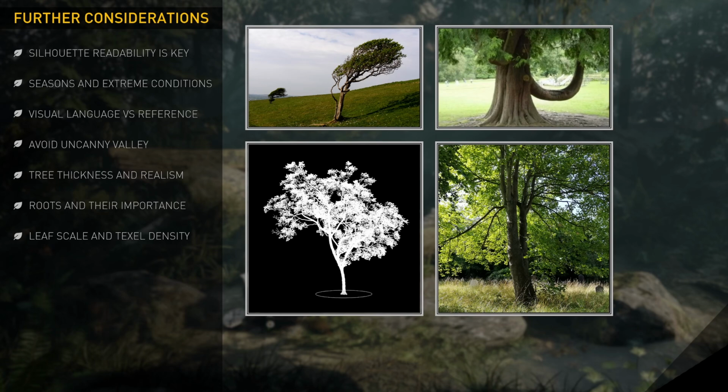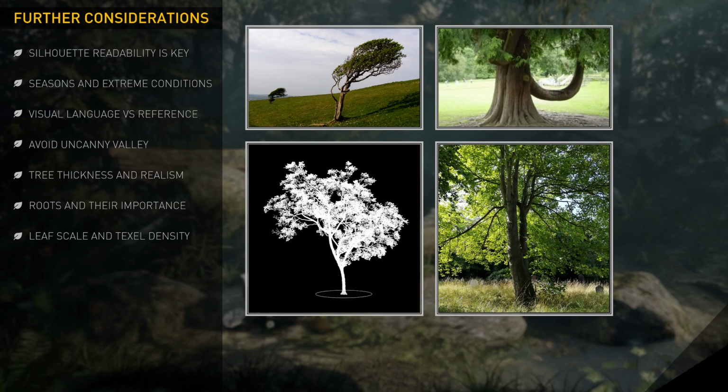The next thing is seasons and extreme conditions. It's a little bit of a rare edge case, but it can really enhance the look and feel of what you're creating. For instance, I found this picture here on the internet where we can see a heavily windswept tree. It looks quite odd, but we can really see and we can feel what the environment is like when we look at that picture.